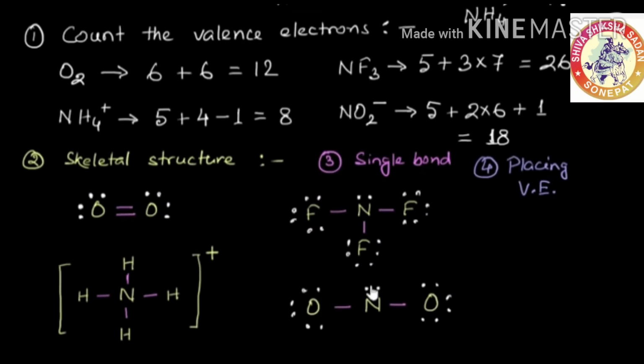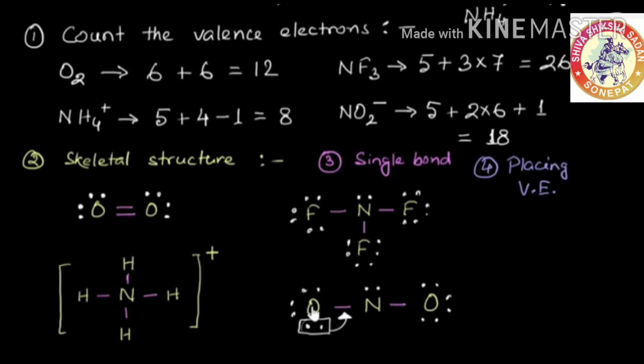But this molecule carries 1 unit negative charge. Therefore, one bond between nitrogen and oxygen should be double. So 2 electrons from one oxygen are shifted in the form of a double bond.